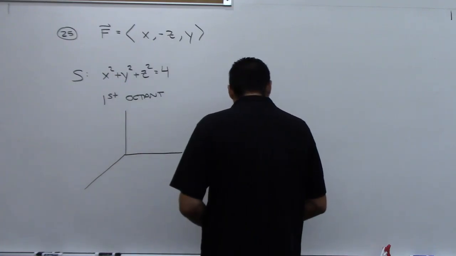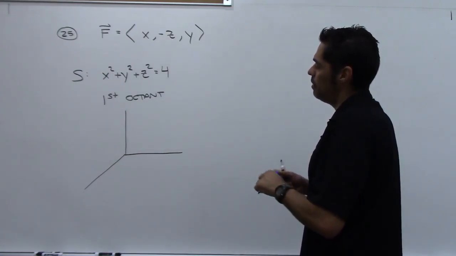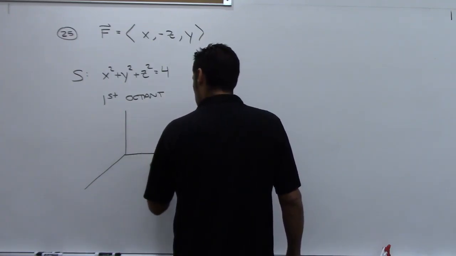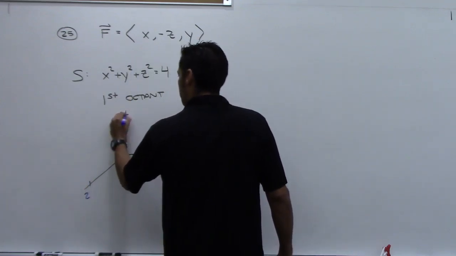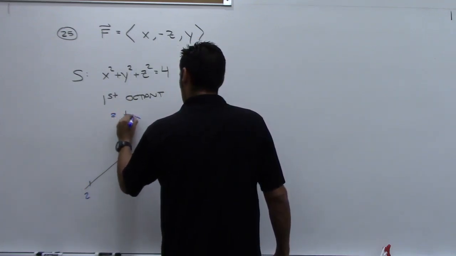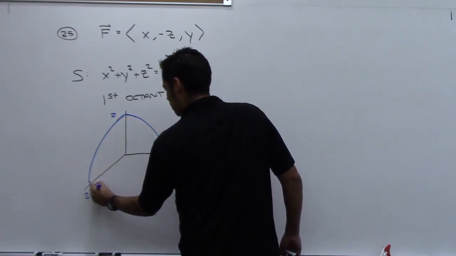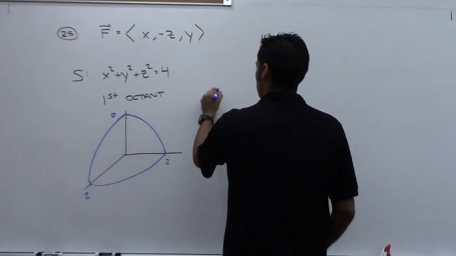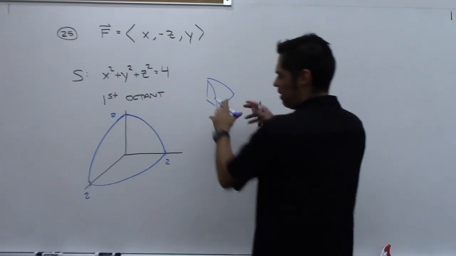So we're in the first octant, and we're looking at a part of the sphere, the surface of the sphere with radius 2. So the back side's like this. This curves over like this. And so we have this part of the sphere. Right, so we've cut out part of the sphere like that, kind of.